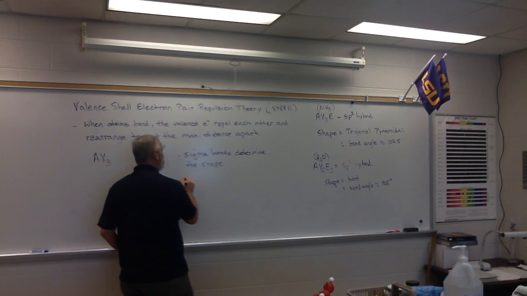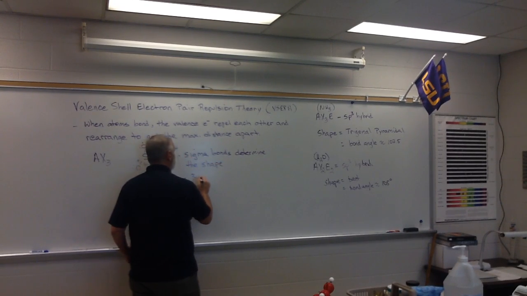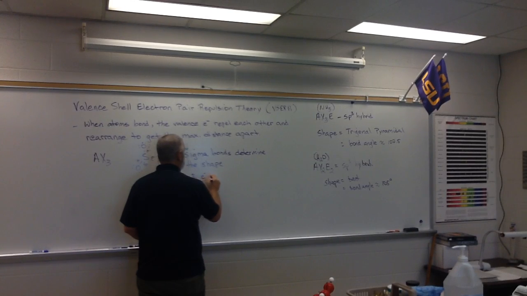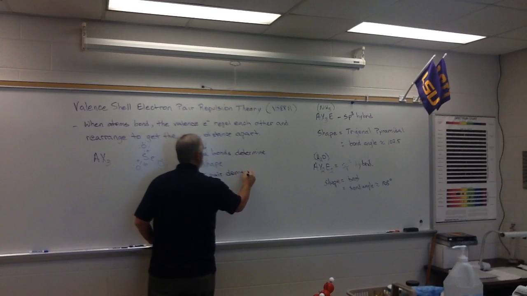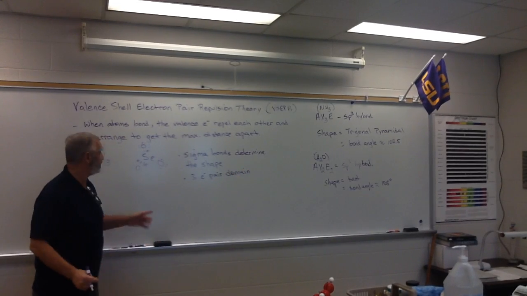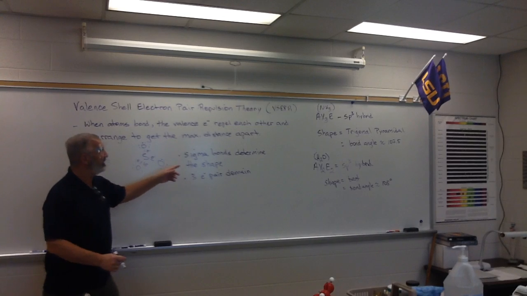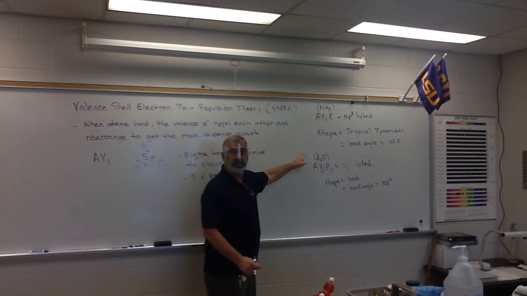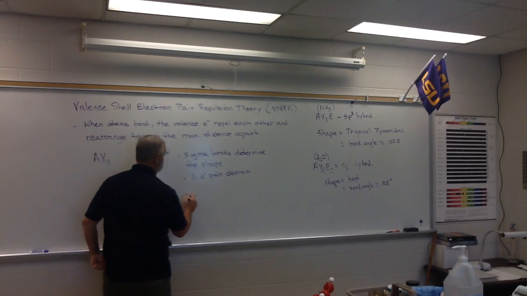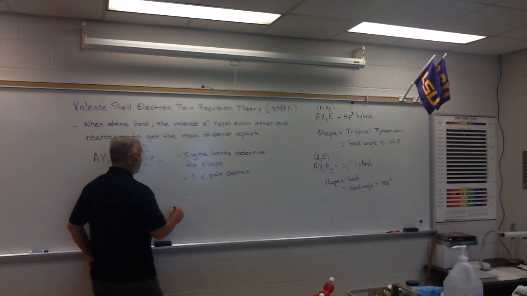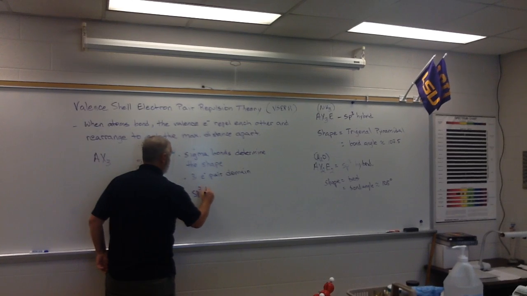Okay, and then just for terminology, we say there's 3 electron pair domains. And a domain is where the electrons are hanging out. There's 3 places where the electrons are hanging out. In these other ones, there are 4. Okay? So what's the type of hybridization? sp2 hybridization.